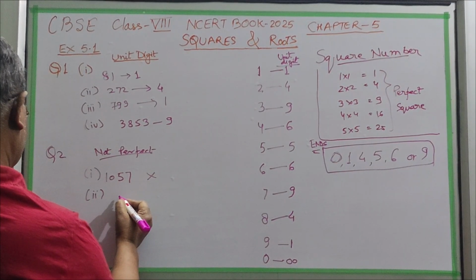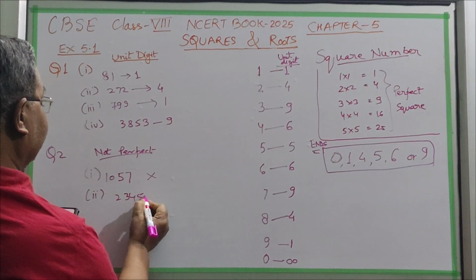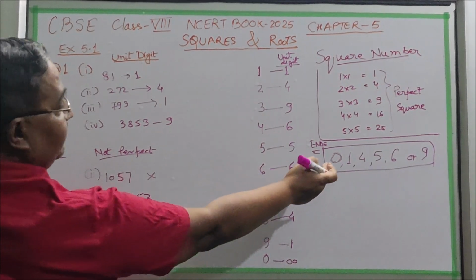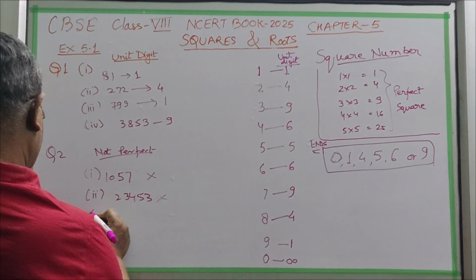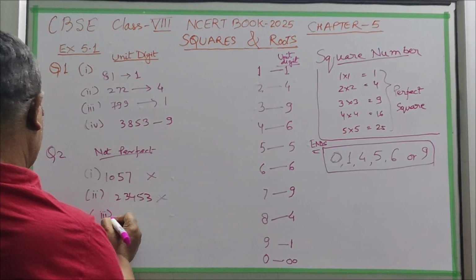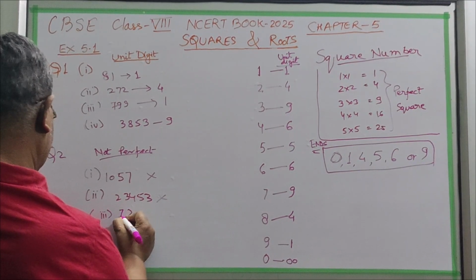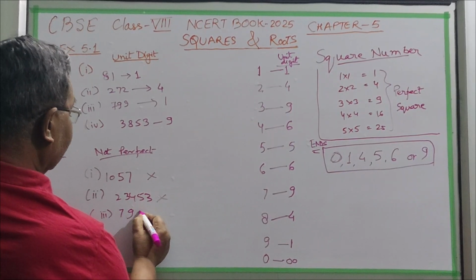Then 2, 3, 4, 5, 3. It is also not a perfect square because its unit digit is not among these. Then suppose 2, 7, 7, 9, 2, 8.